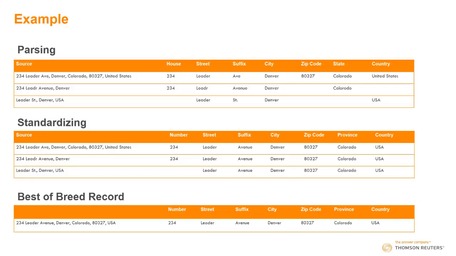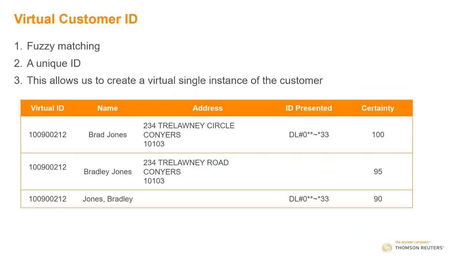That way you can create what we call a best of breed record. A best of breed record just means that you have looked at all the data that is out there, you have taken the best pieces of all of it and created a really strong, high quality record. And for companies out there that have many instances of a customer record, this is very important in terms of a strategy for you to pursue.